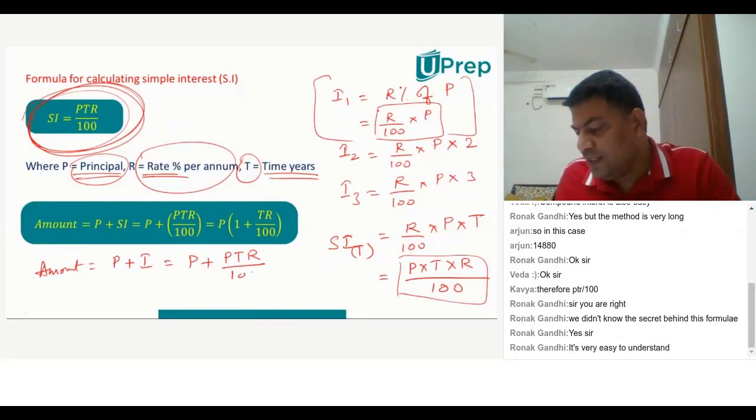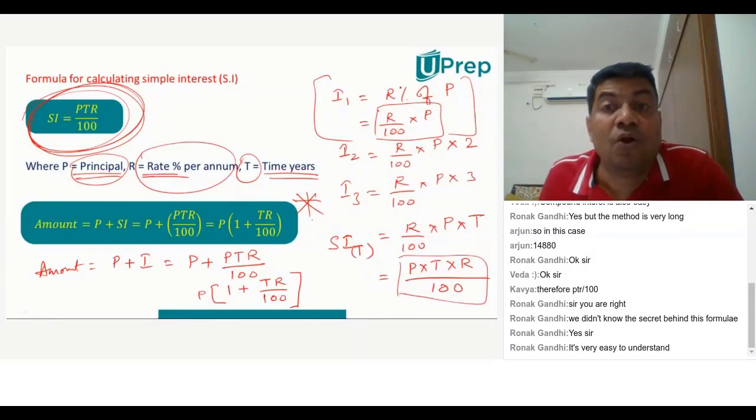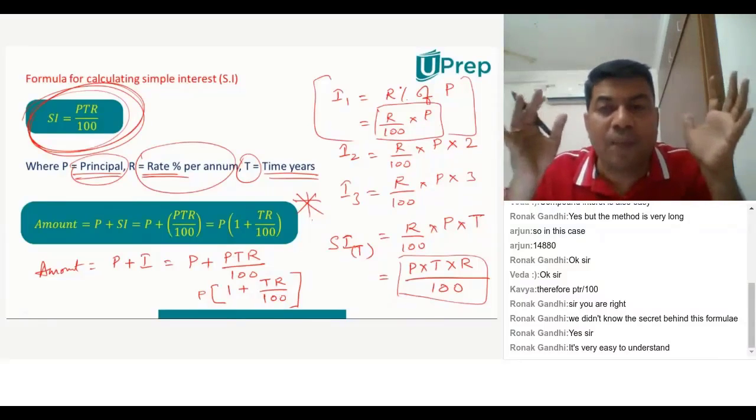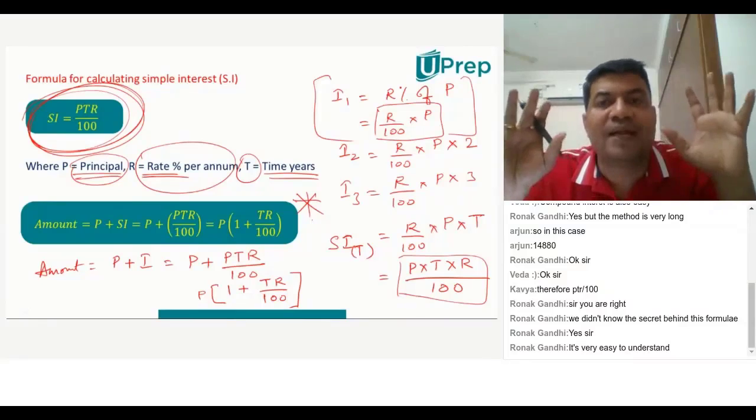Now, basically, you can take principal common from this. P is common, so basically it is P into 1 plus TR by 100. So that's how this formula is learned. But I don't want any one of you to remember this formula. There is no need of remembering this formula. For any problem, you can simply get to the values, apply the values, and you will get an answer.